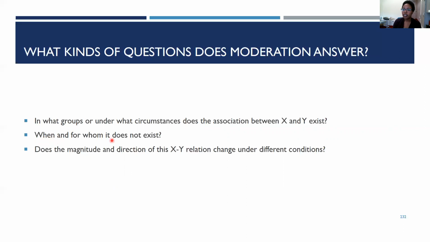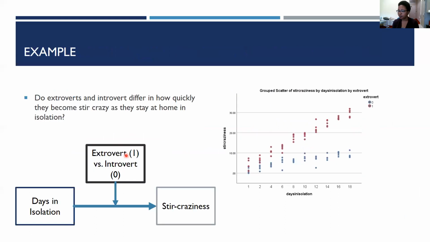Is there a relationship, or maybe there's not a relationship between days in isolation and stir craziness for introverts, right? Introverts are totally fine no matter how long they have to stay at home. Or we could say, is there a different strength or a different direction in the relationship between stir craziness and days at home for extroverts and introverts? So those would be our different conditions there.